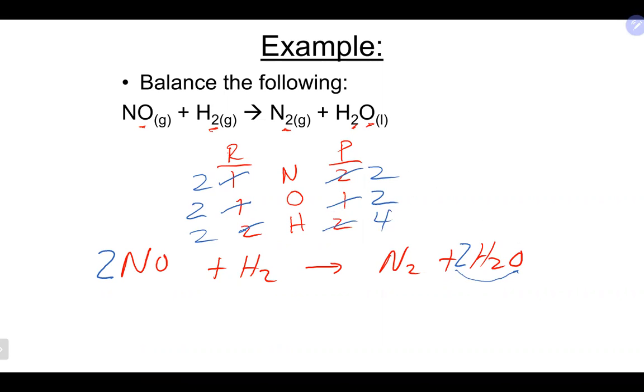At this point, we could clearly see that the hydrogen is now unbalanced on the left, and we could fix that by also putting a 2 in front of it. That gives us our 2 nitrogens, our 2 oxygens, and our 2 times 2, which is 4 hydrogens. So this would obviously represent the balanced equation. Any questions on that there?